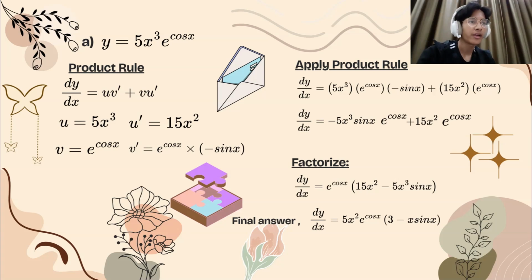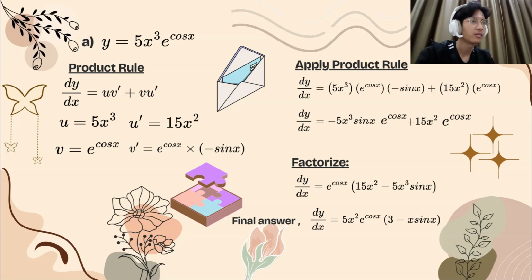Applying the product rule, dy over dx equals 5x cubed times e to the power of cos x times minus sine x, plus 15x squared times e to the power of cos x.